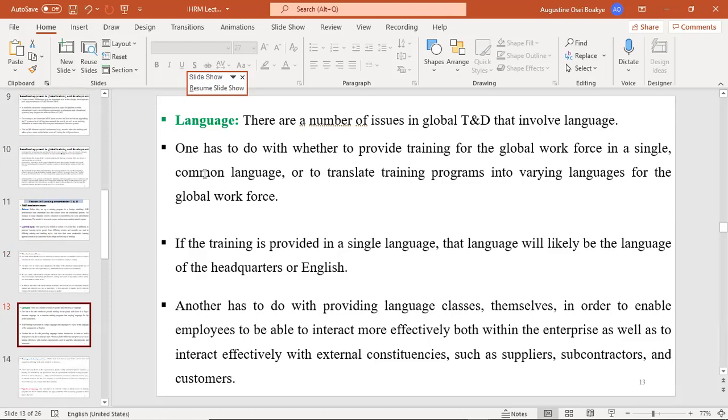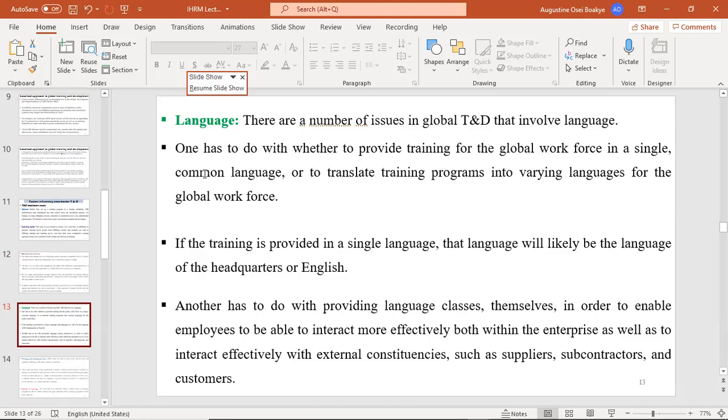If the training is provided in a single language, that language will likely be the language of the headquarters, or English.